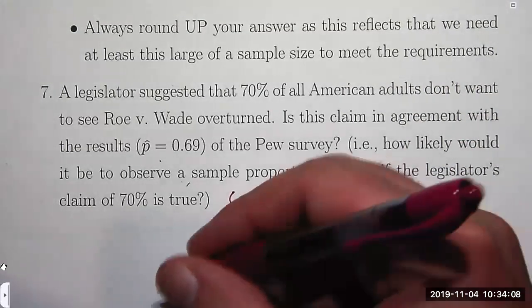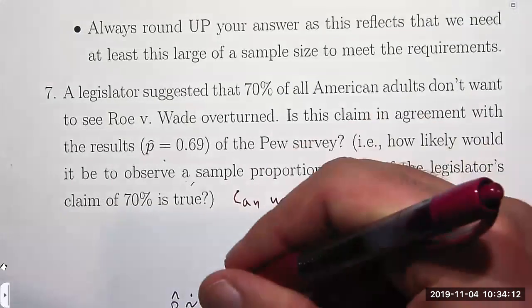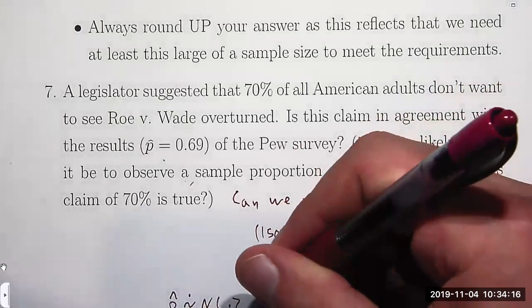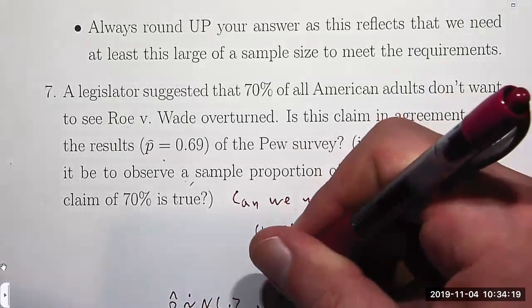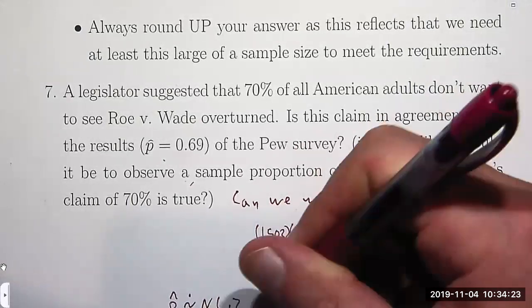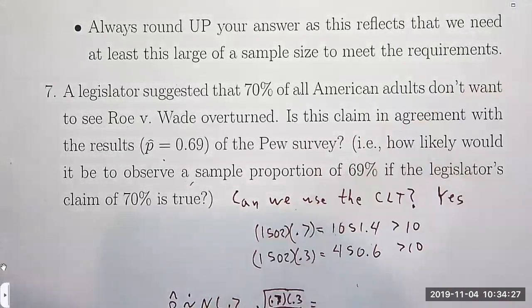All right, so the three things the central limit theorem told us was that p hat is approximately normal, centered upon 0.7, with a standard deviation of the square root of 0.7 times 0.3 all over n, which was 1502.